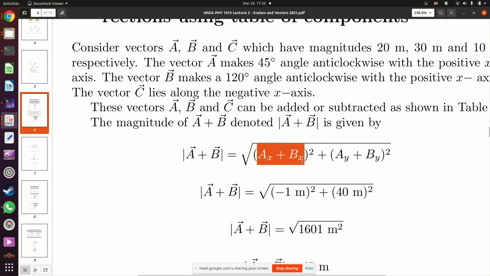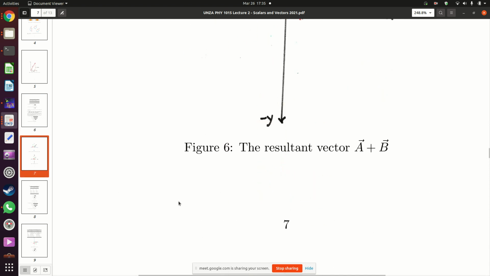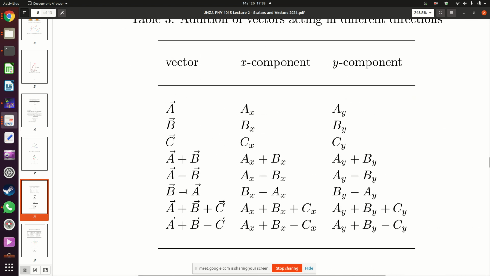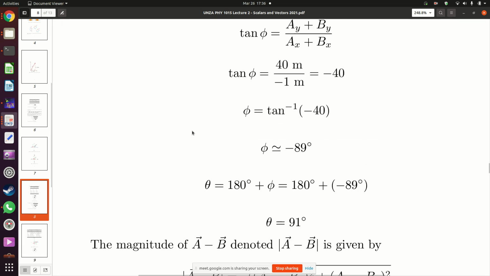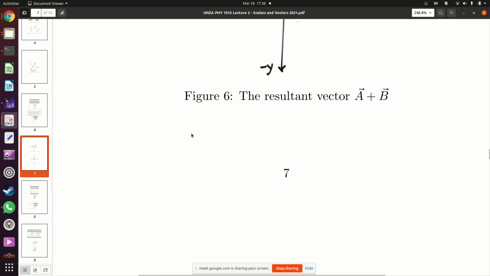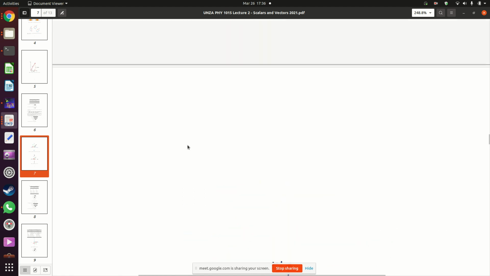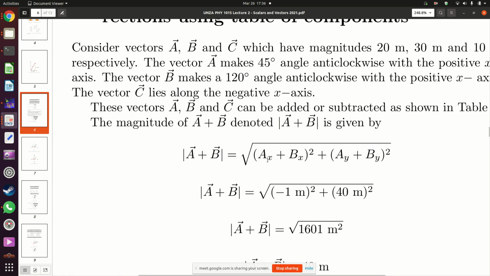From the table here, ax plus bx is -1 meters and ay plus by is 40 meters. So we substitute for those values. We always square the components of the vector we are interested in. So the vector we are interested in is a plus b.